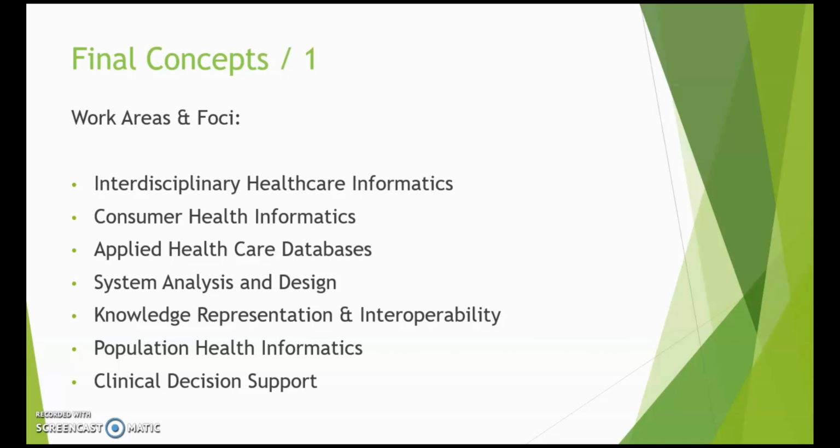We have to have a system that is internally consistent, that matches its part with the next one, so that we don't find difficulties in accessing information from this portal, from that portal, etc. Population health informatics. So again, this broader picture: social applicability, accessibility of care, public health, and so on. And finally, clinical decision support.